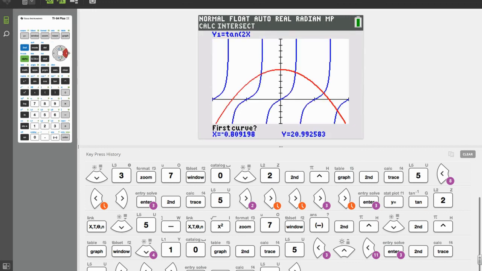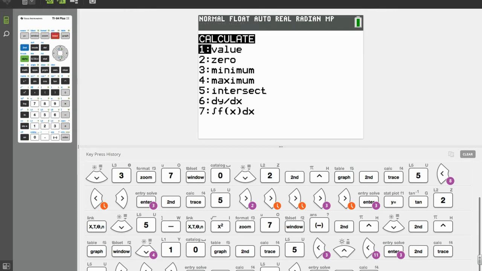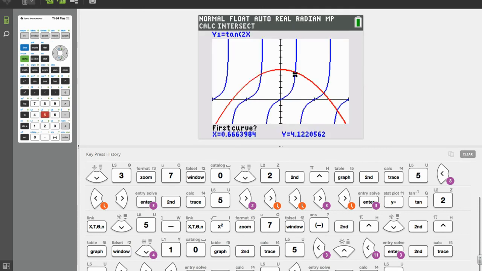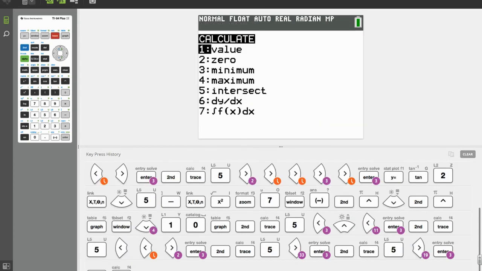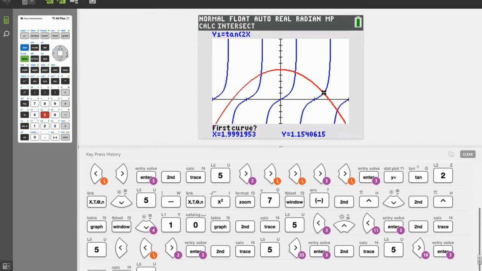Move to the next intersection point, hit enter, enter, enter, and we get a value of 0.68. Do it again, second trace, number 5. Move your spider again. Enter, enter, enter. We get a value of 1.98, and the last one, second trace, number 5. Enter, enter, enter, and we get a value of 2.61.